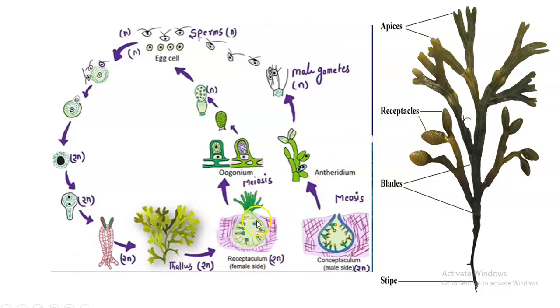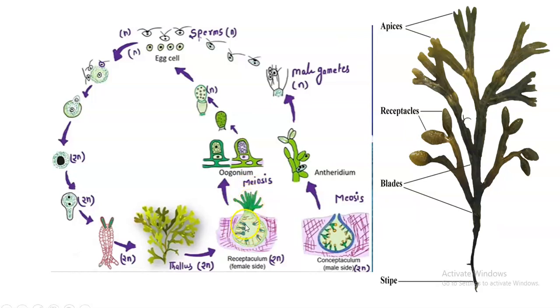Okay, and you can see that both male and female reproductive organs are found among multicellular unbranched hairy filaments called paraphyses. Okay, if this particular paraphysis is coming outside of the ostiole and is seen as cottony tufts, then this is called periphysis.